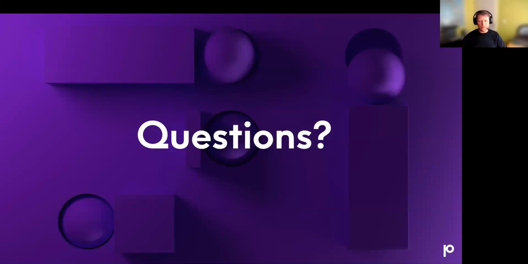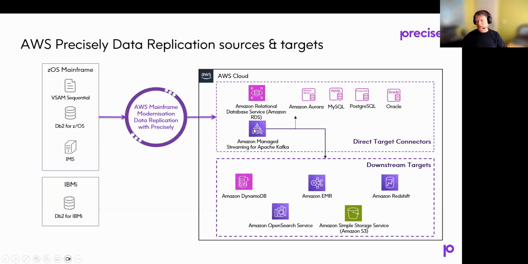In the final diagram, you showed MSK as a target. Can you replicate directly into Amazon RDS? The answer is yes. Amazon RDS has several flavors. So we can replicate directly with an apply engine into RDS MySQL, RDS Postgres, RDS Oracle.